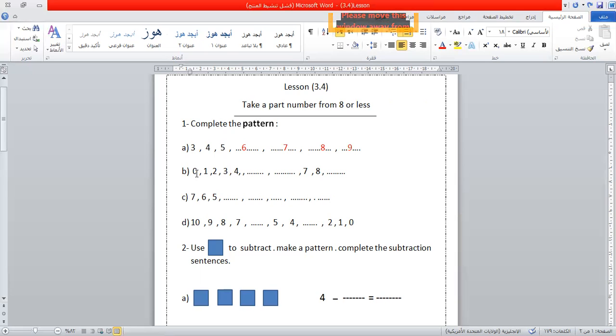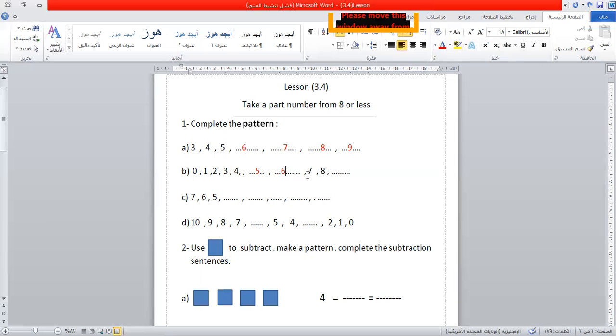Okay. Here, pattern number B: 0, 1, 2, 3, 4. After 4, we have 5. After 5, we have 6.